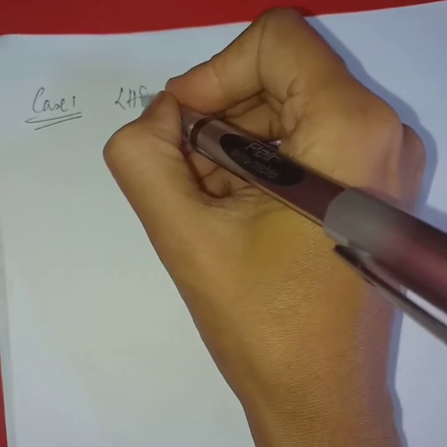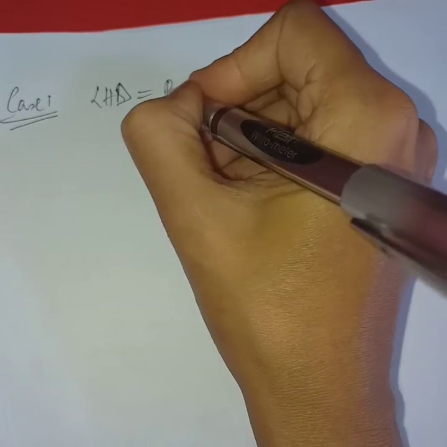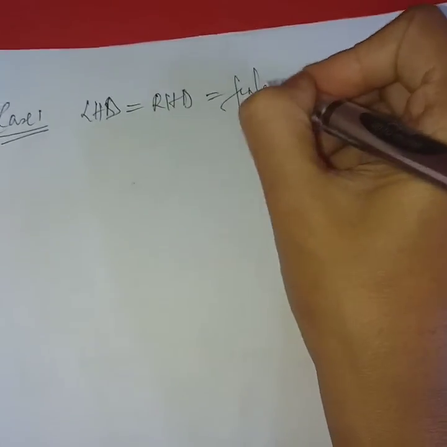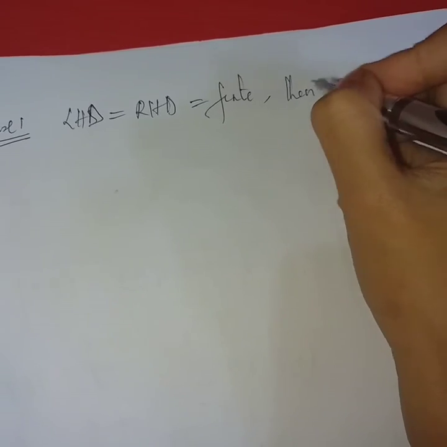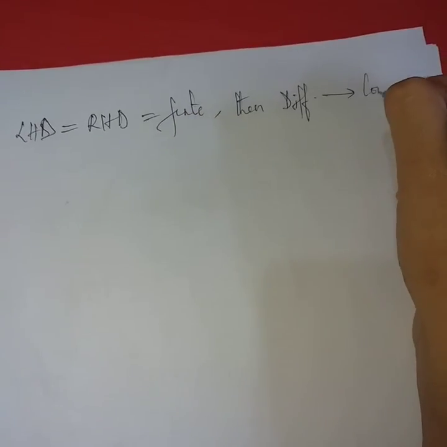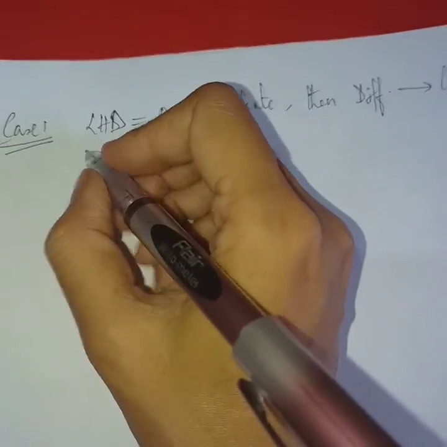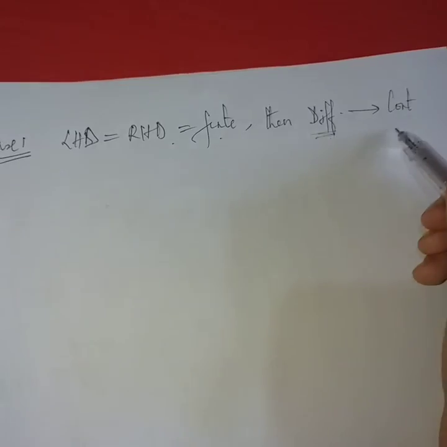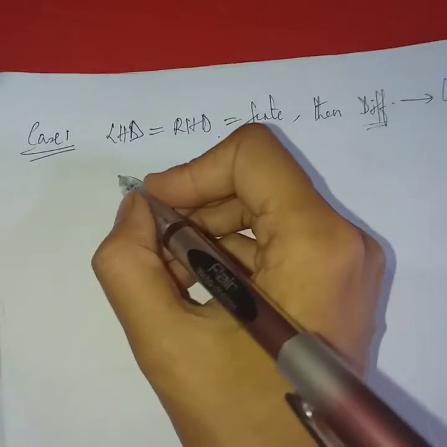If you remember a few points, it will be easy for us. First case: if the left hand derivative equals the right hand derivative equals some finite number, then the function is differentiable and continuous. If both are equal and equal to a finite number, then it is differentiable and automatically continuous.